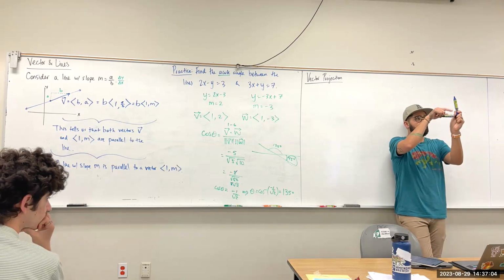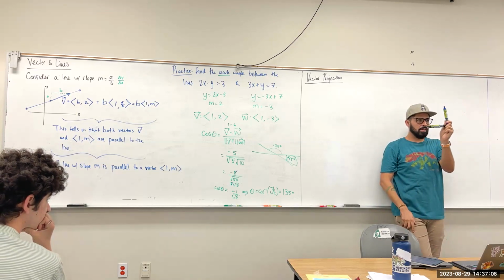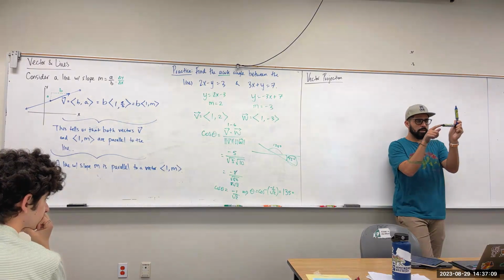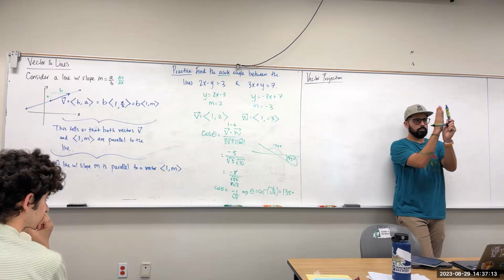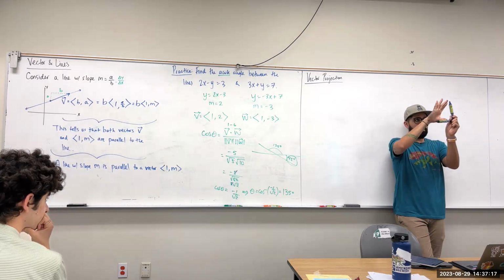Let's say I pick the black vector here. Can you guys see this little perpendicular line that drops down here? If I can find this vector here, then that's going to be perpendicular to this.